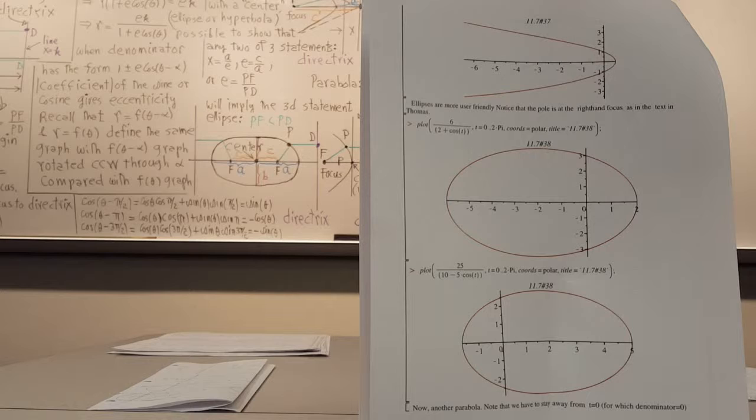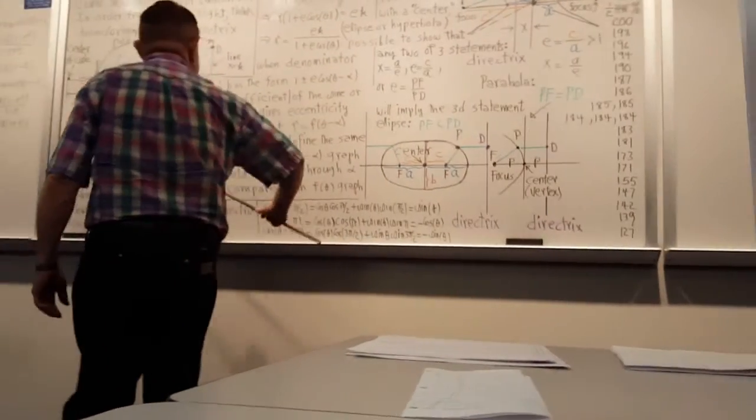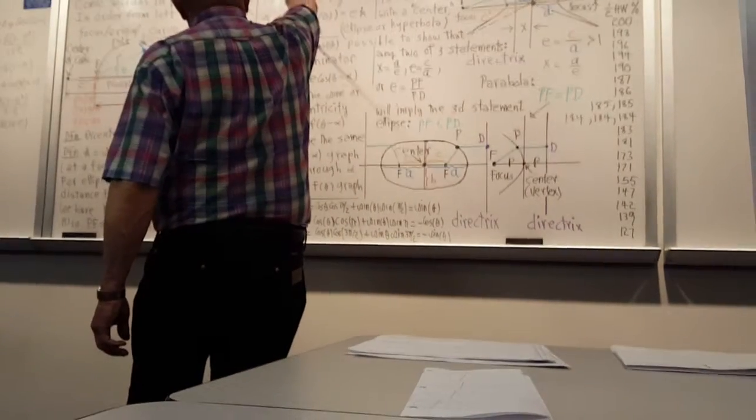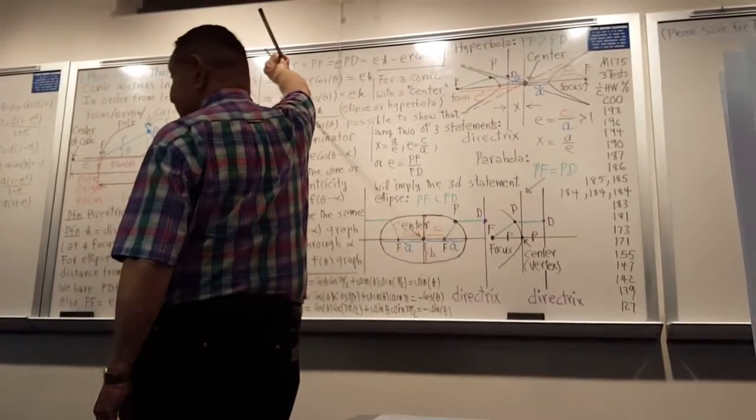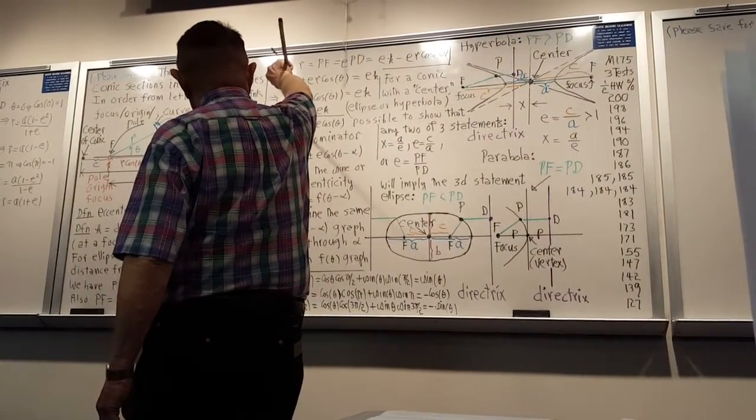So, problem 38, you notice my comment. Ellipses are more user-friendly. Note that the pole is at the right-hand focus, and so plot 6 over 2 plus cosine t. Now, you don't know at first that that's an ellipse, because remember I've been telling you that to identify the coefficient here as E, this has to be a 1.